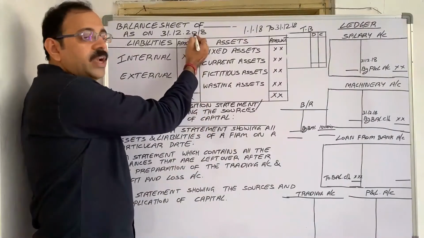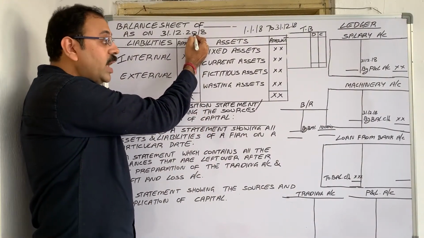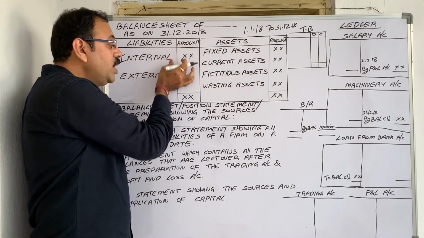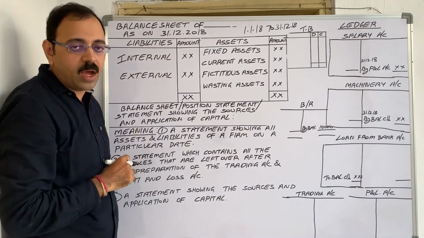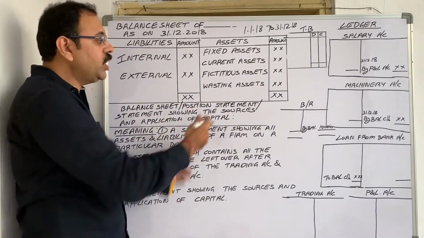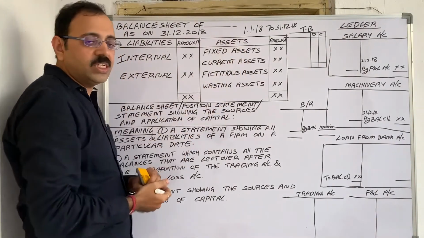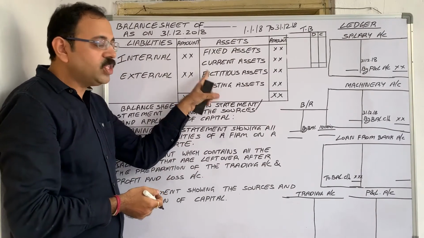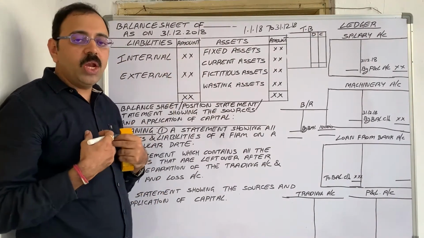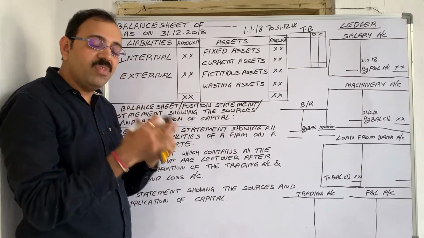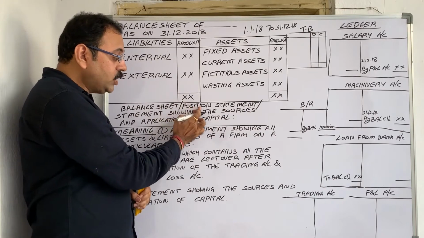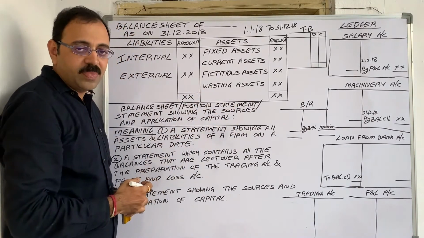On a particular day, how much worth the assets we are having and how much worth the liabilities we have to pay to creditors. These two informations, if we show in one particular statement, that statement is called balance sheet. By seeing this balance sheet, we can know the financial position of this firm. That is why balance sheet is also known as position statement.